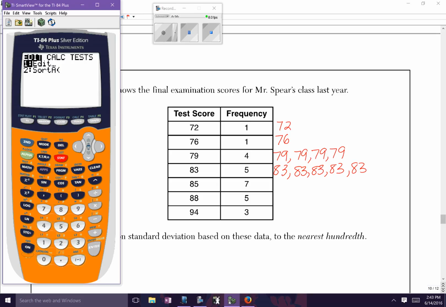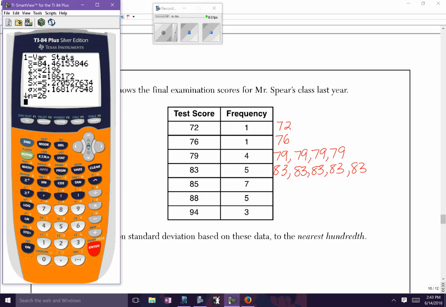So now you're going to hit your stat button. You're going to go over to calc. We want one variable stats. I'm going to hit enter. If you look at this, what does the X bar mean? It means the average.